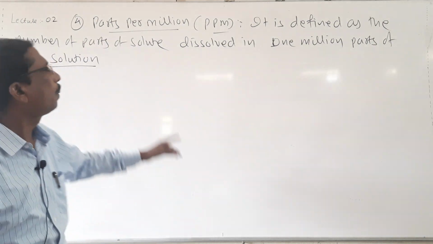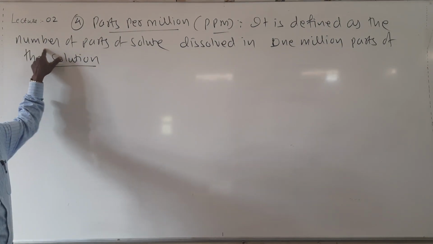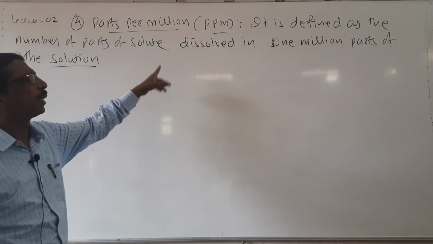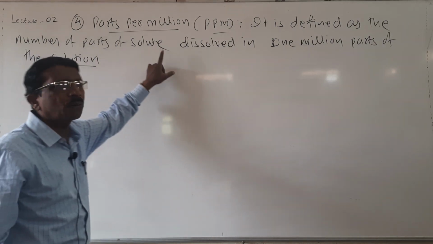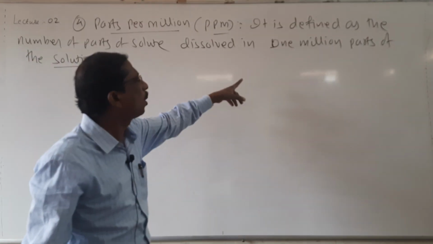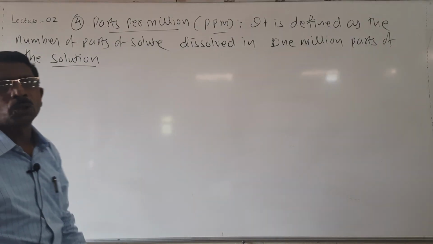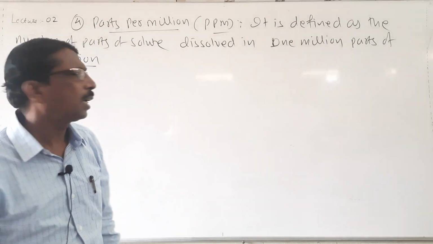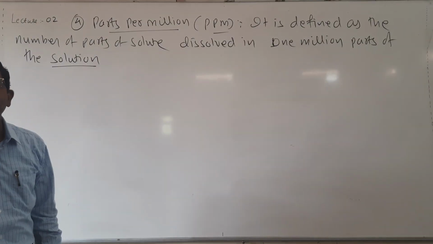It is defined as the number of parts of solute, or you may call it a component, dissolved in 1 million parts of solution. So it is called ppm, parts per million.